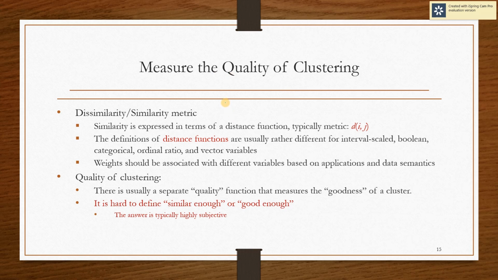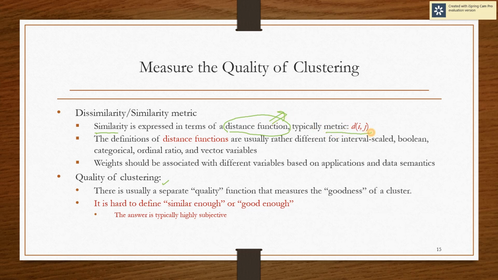So these are the measures of quality of clustering. One is the similarity and the similarity matrix, and also the quality of clustering here. Similarity is expressed in terms of a distance function. So if you want to calculate the similarity, you need to understand the distance function.